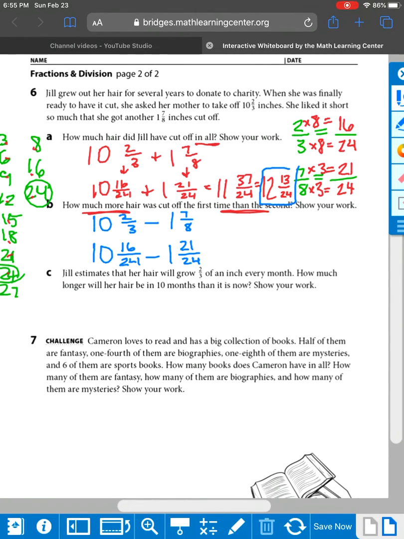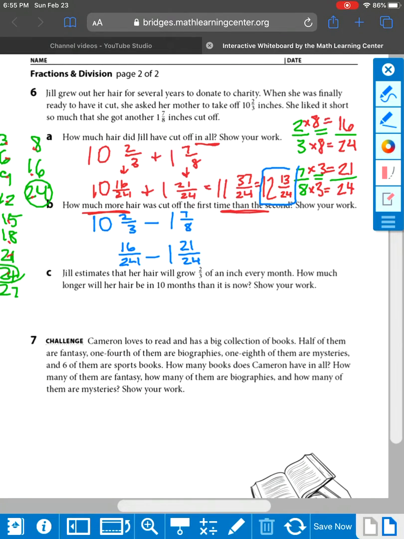Now here's my issue. When I go to subtract my fractions and do 16 minus 21, I can't do that. I don't have enough. So what I'm going to have to do is borrow from my whole number and get a whole other group of 24 to add on to my numerator. So when I borrow from my 10, it becomes a 9, and I get 24 more to add on to my 16. So 16 plus 24 would give me 40.